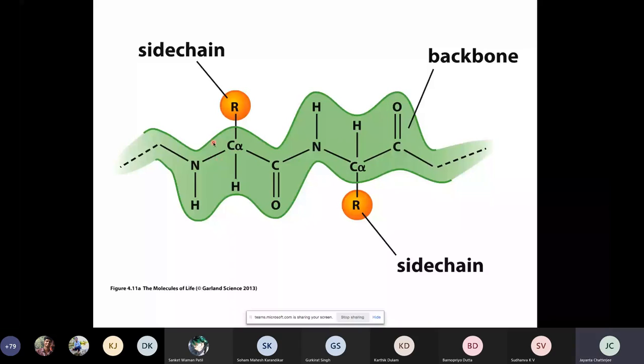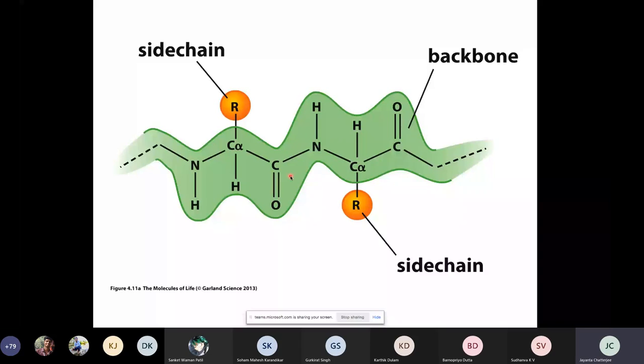This is a phi dihedral angle, and the rotation between C alpha and C, this torsion angle, is called psi. Now, there is another torsion angle which is associated with the amide bond. We will see in a second. So pictorially, how does it look like?